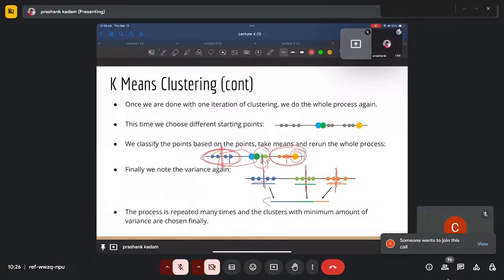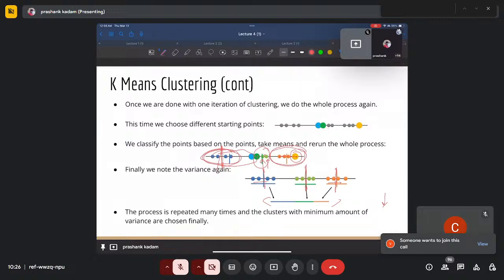Now, if you calculate the variance again, you will come up with a value which should be lesser than the one that we saw in the previous case, right? And that's the idea of k-means. You can't narrow it down to perfect clusters in just one or two iterations.